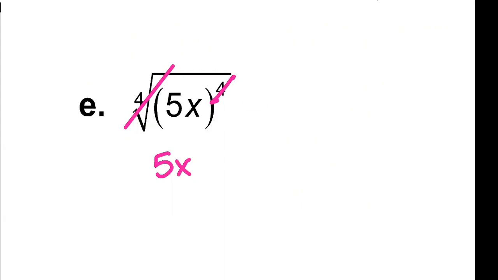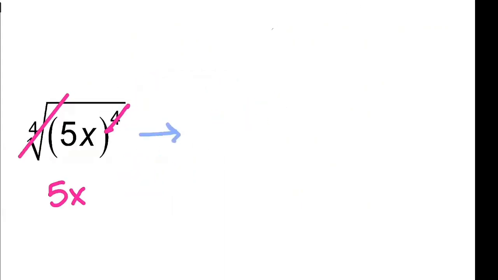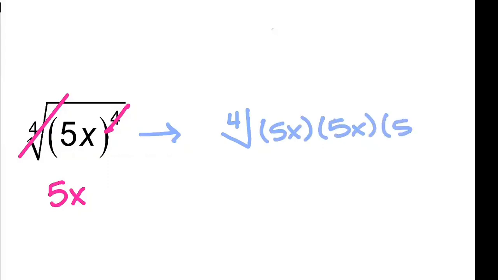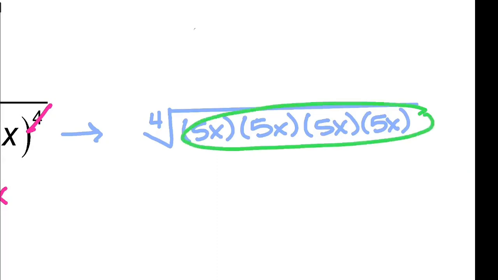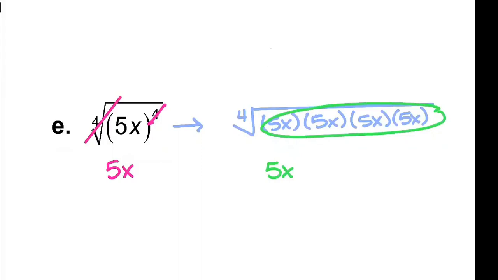Or you can say this is the 4th root of 5x times 5x times 5x times 5x. You need a group of 4 to pull 1 out. Your group of 4 is there, so that's just 5x. Same exact answer, just a different way of doing it.